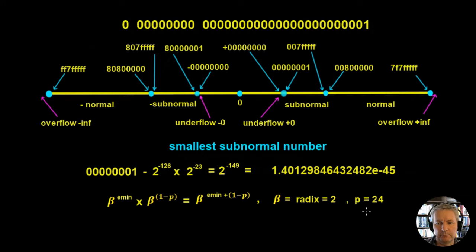Including the hidden bit, the mantissa is 24 bits long, so it's 1 minus 24, which gives us minus 23. Again, whenever you multiply, we can add the indices. So that's equivalent to beta to the power E min plus 1 minus p.